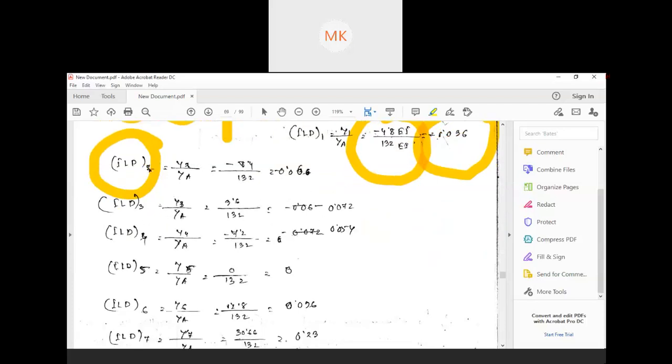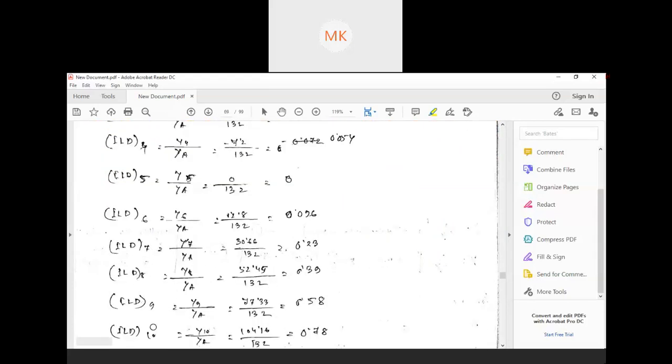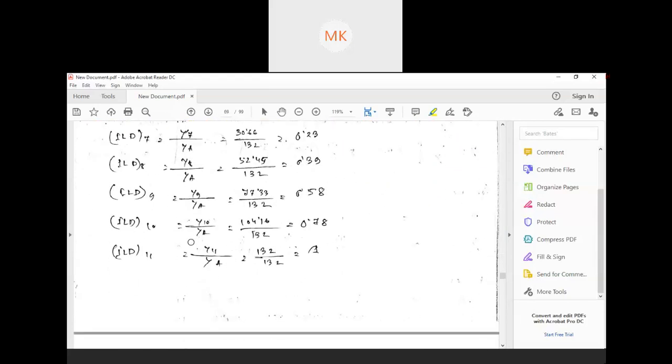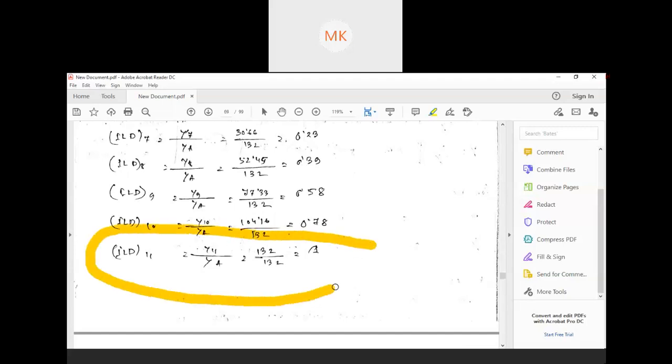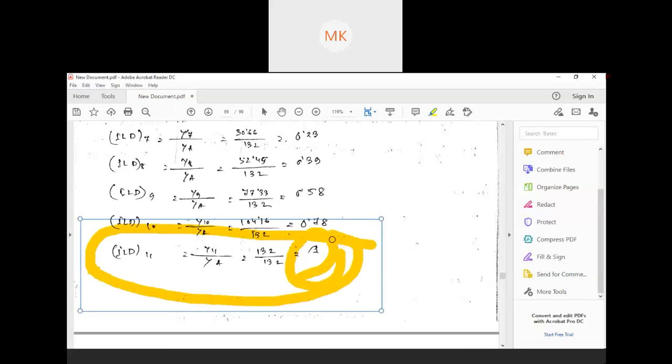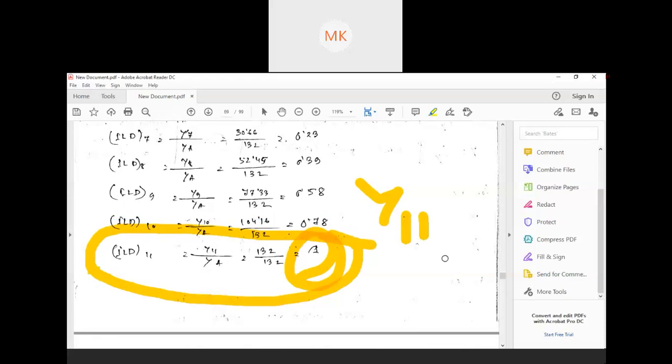By doing this for 2, 3, 4, 5, 6, 7, 8, 9, 10, see finally what you will get at ILD 11. You will get the value 1, because at the end, it is y11 by ya, and our ya at that point is the same as y11.